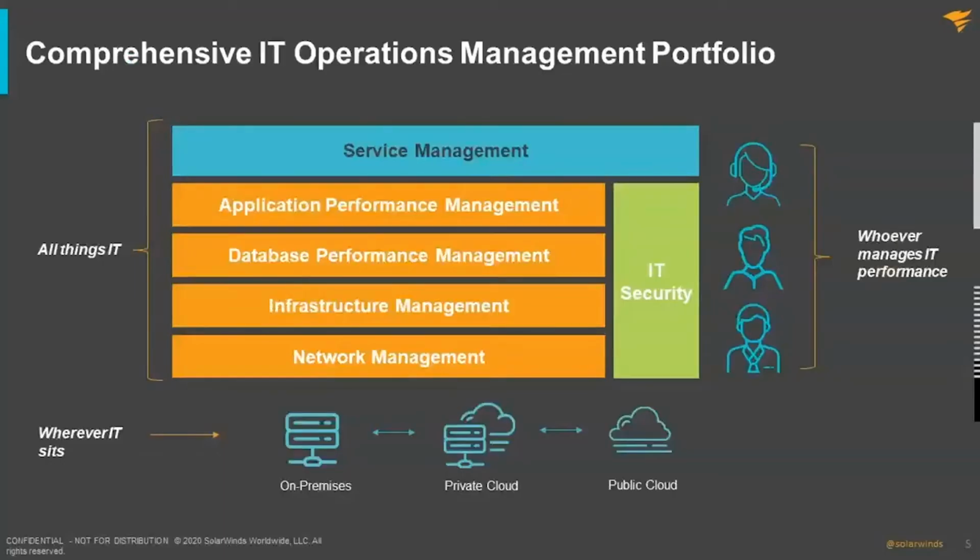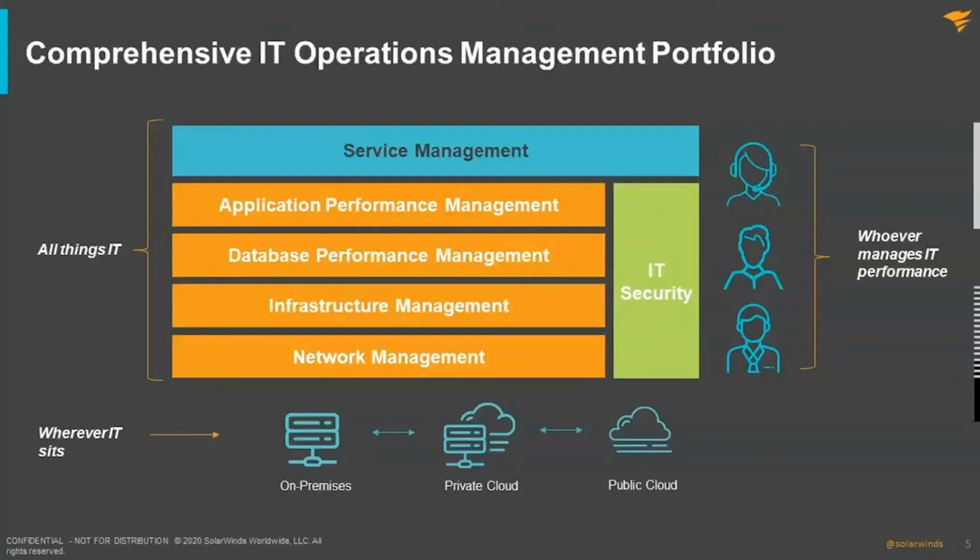So first, let's set the stage within the broader SolarWinds portfolio. As many of you know, we have a rich portfolio of IT operations management solutions that, if you think about it, manage and optimize performance and availability for all things related to IT and for whoever is managing IT's performance and wherever they sit, whether on-prem, hybrid, or full cloud.